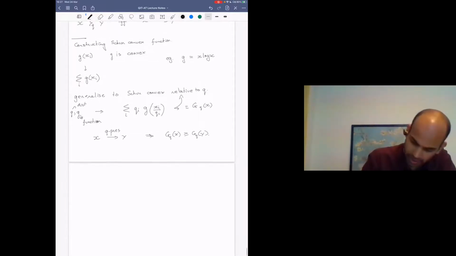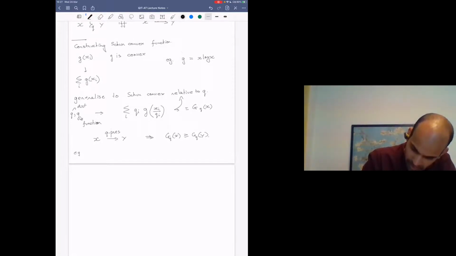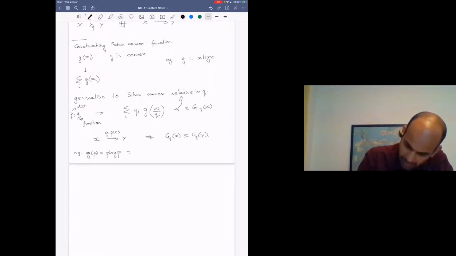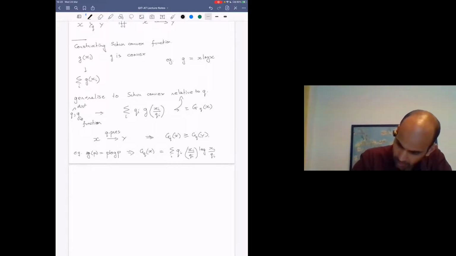Okay, so an example is, take g of p to be p log p. That's what gives us the usual entropy. What will we get here? We would get G_Q of x as the sum over i of qi times p log p, but with these. So we have xi over qi times log of xi over qi.